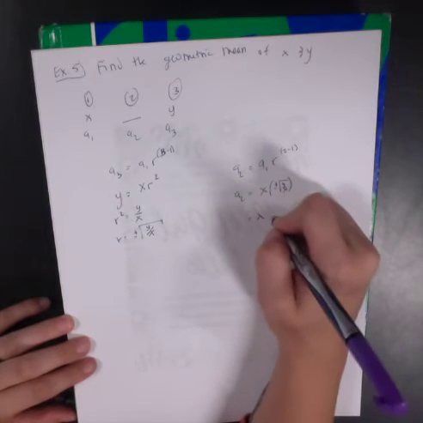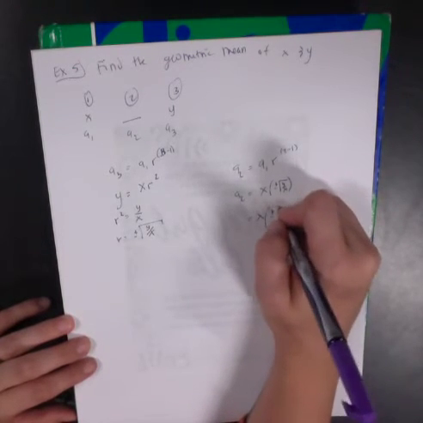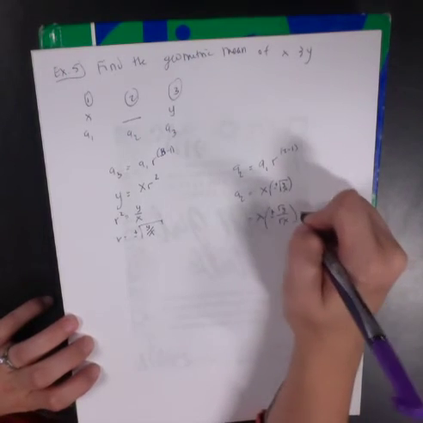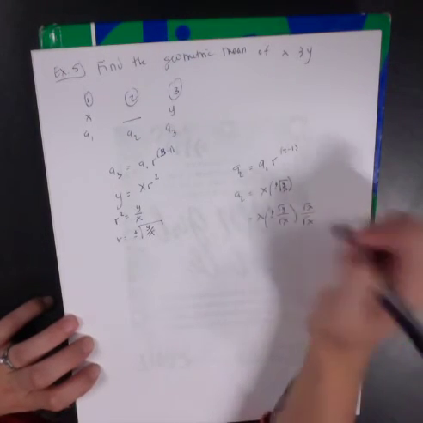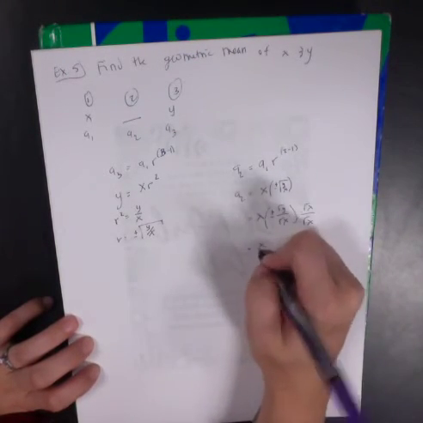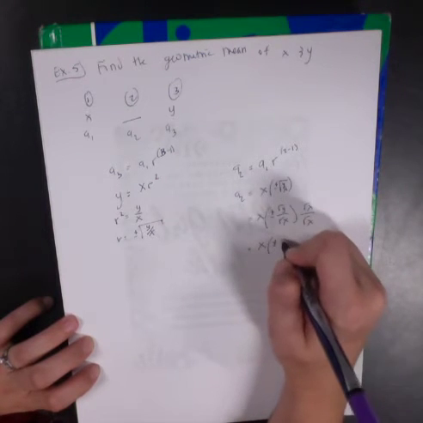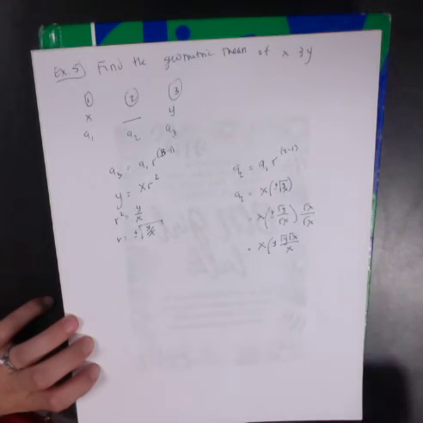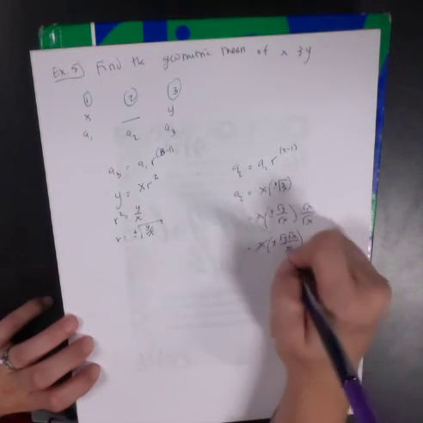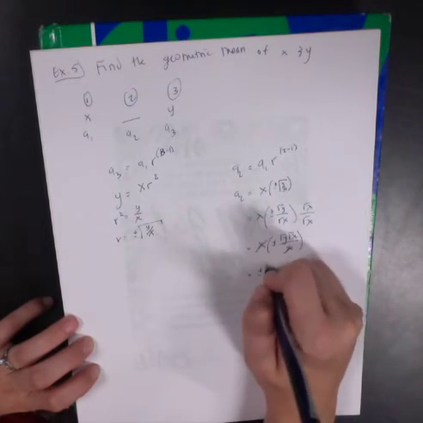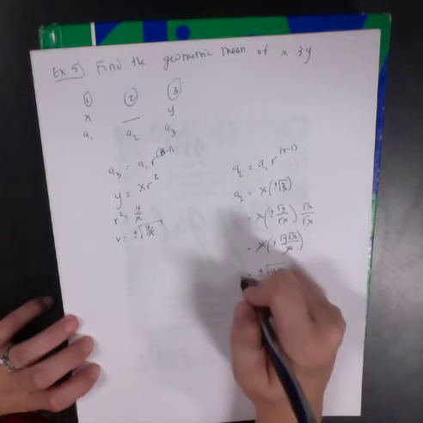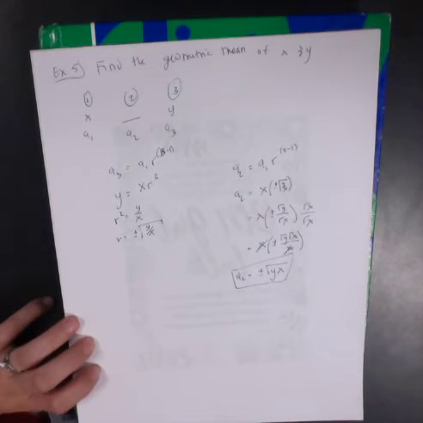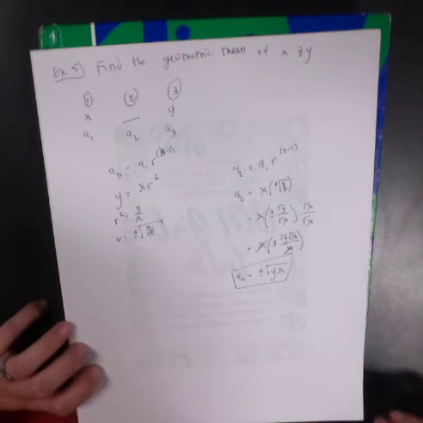So this is x times plus or minus the square root of y over the square root of x. Well, I multiply both the top and the bottom by the square root of x over the square root of x. So I have x times plus or minus the square root of y square root of x over x. The x's cancel, and this becomes plus or minus the square root of yx. That is my a2.